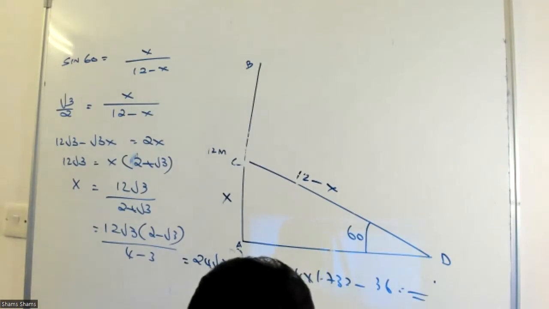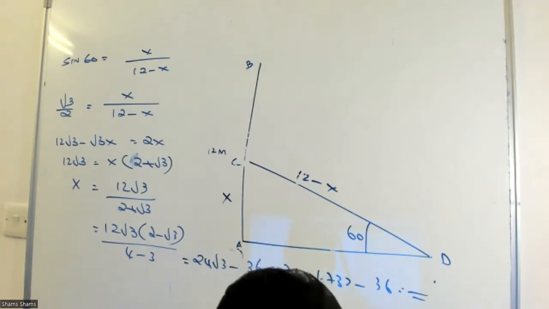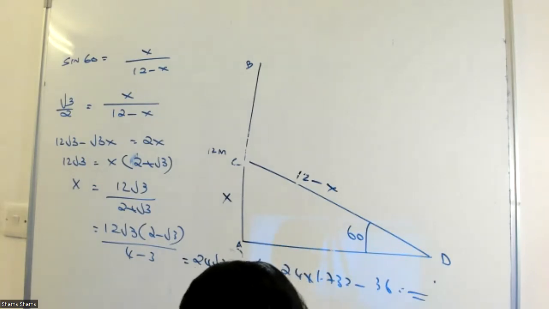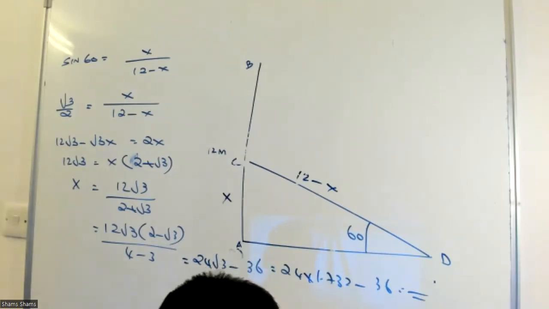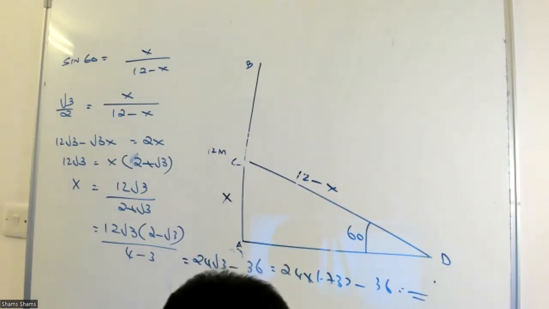That's wrong. Your answer is wrong. Yes, Dhruv, correct. Where is the second digit? Did you apply 1.732? Apply 1.732. Okay, sir.